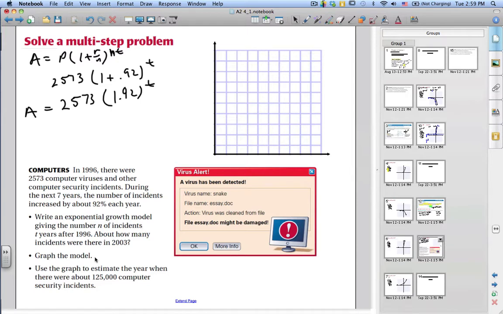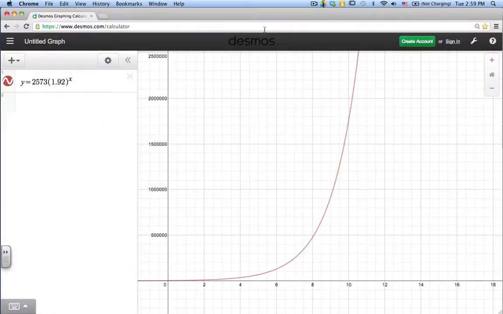It says here to graph the model, and I've gone ahead and done that. I'm just going to go ahead and pull up my graphing calculator. So here's the, right, 2573 times 1.92 to the x power. Now, I replaced a with y and t with x, but that'll work out.